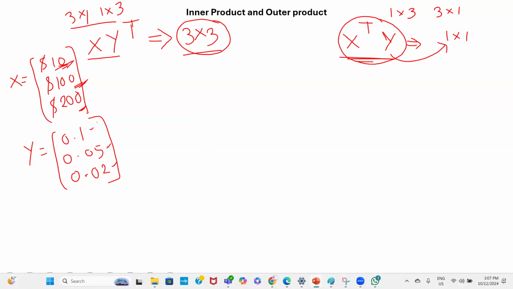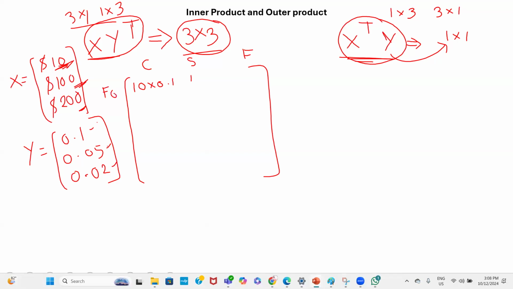Now, what x into y transpose will give you is the breakup of each tax on the money spent. It will give you 10 into 0.1, that means the tax incurred by the city on my $10 on food. Here are the city tax, state tax, federal tax, and here are my spendings on food, travel, hotel.